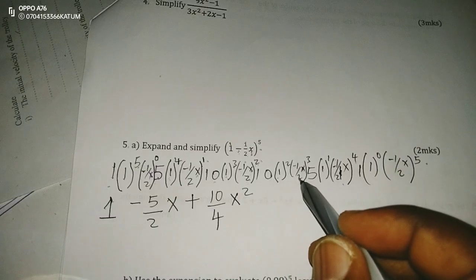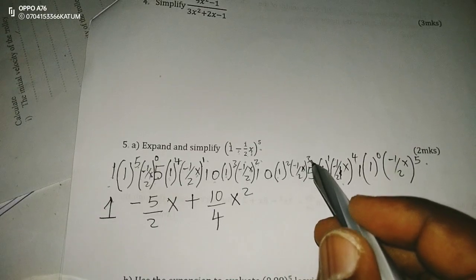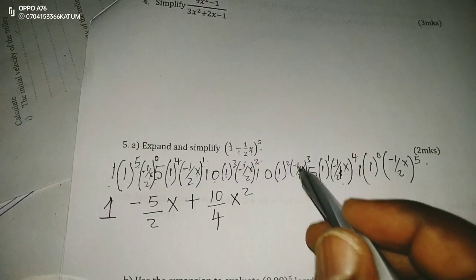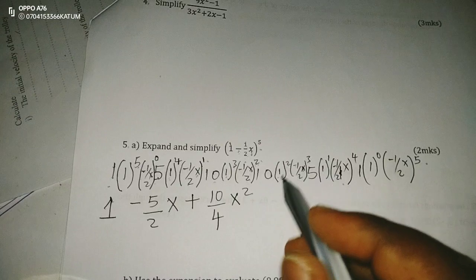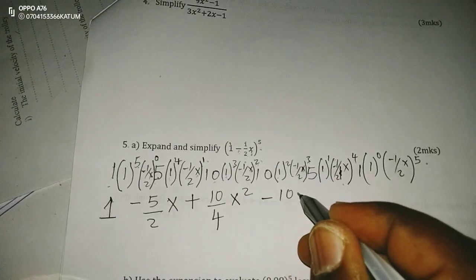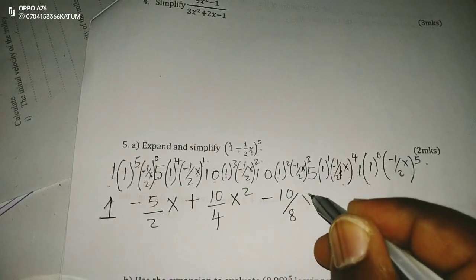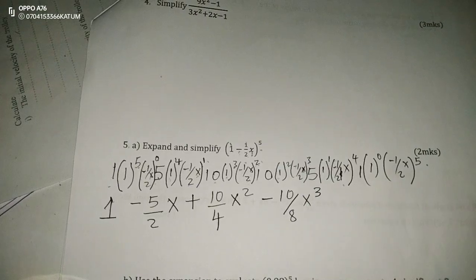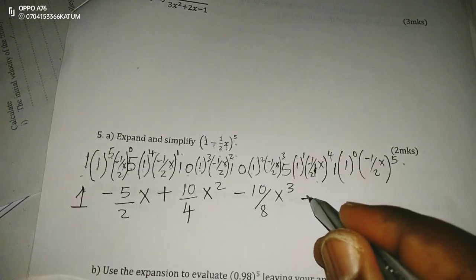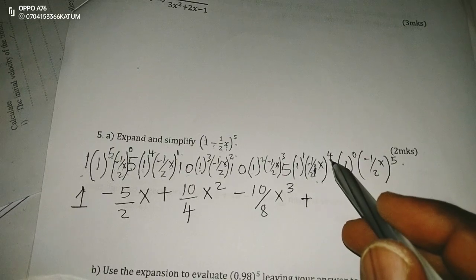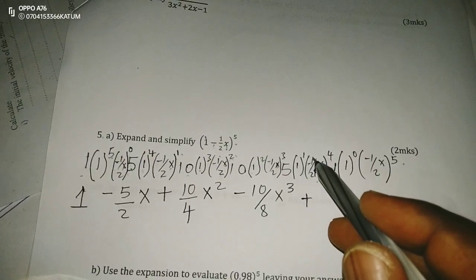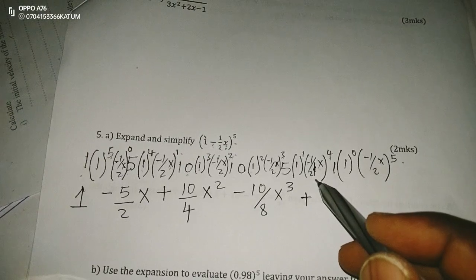Then the next will be 1 power 2 remains 1. (−½x) power 3 becomes negative 1 over 8 x cubed. Therefore, we multiply it by 10. So it will be negative 10 over 8, and x is now power 3. The next one is going to be a positive, since (−½x) power 4 now becomes 1 over 16.